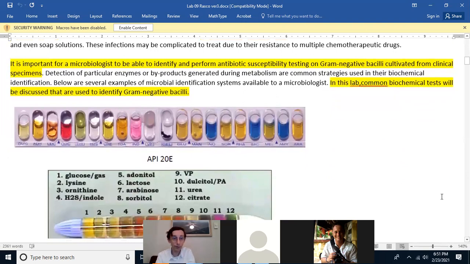It's important for a microbiologist to be able to identify and perform antibiotic susceptibility testing on gram-negative bacilli cultivated from clinically derived specimens. In this lab, we're going to look at the common biochemical tests used to identify gram-negative bacilli.